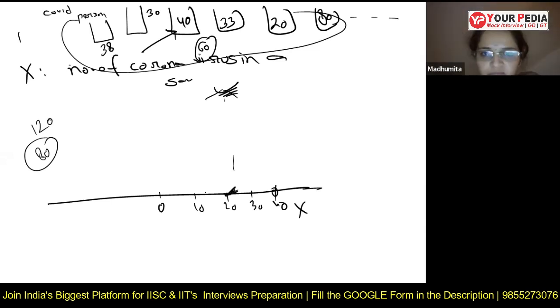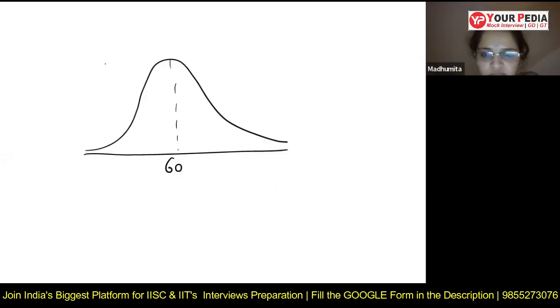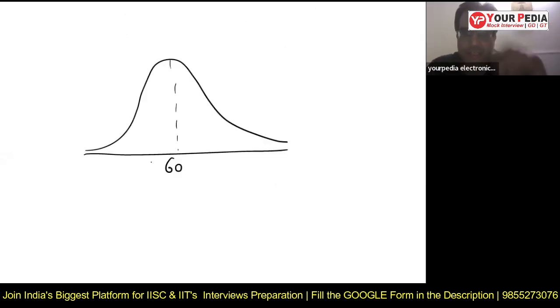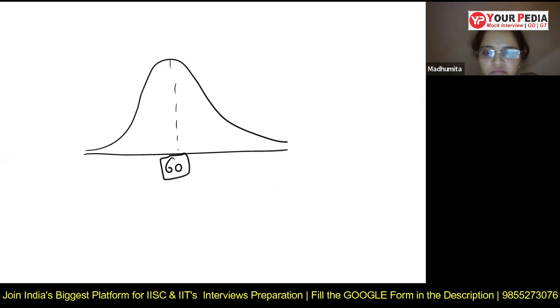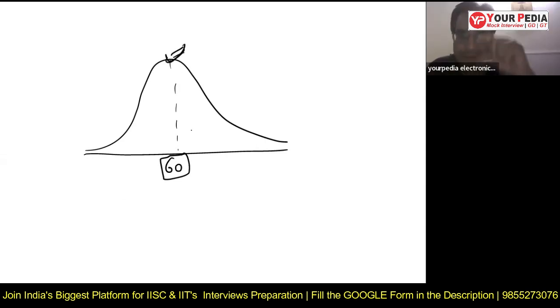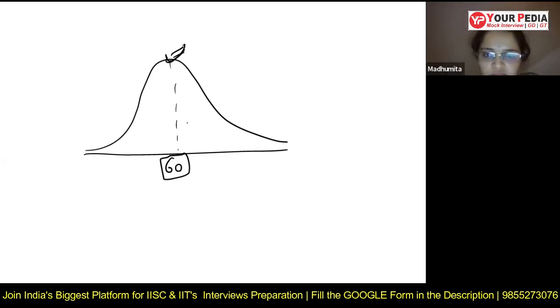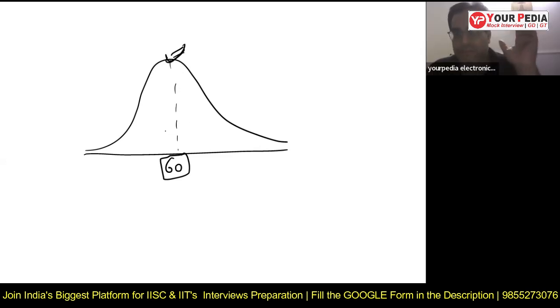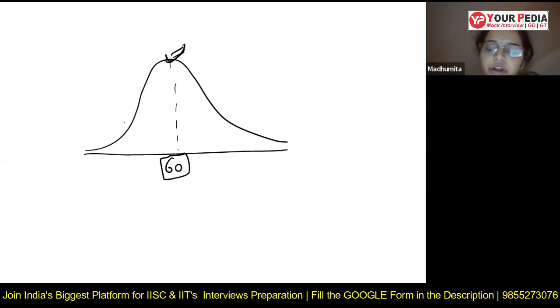So in the normally distributed case, the maximum number of people will have 60 coronavirus. So the frequency of 60 is highest. The average value has the highest frequency actually. The probability of the highest value is highest. Clear?